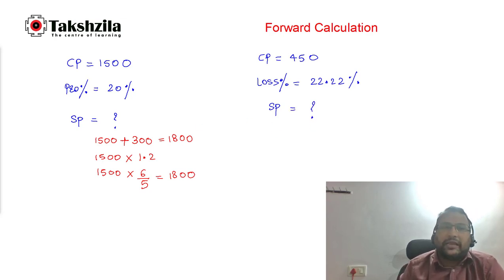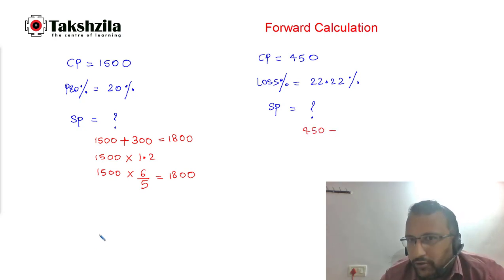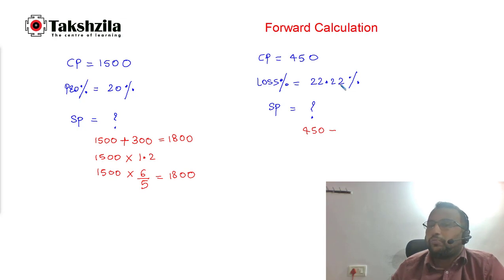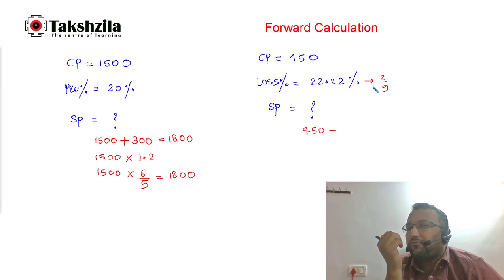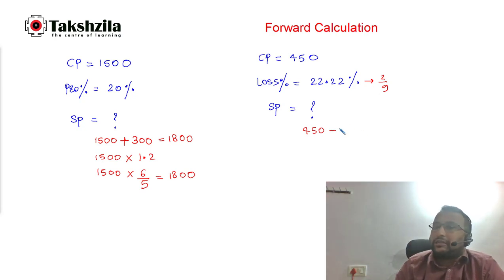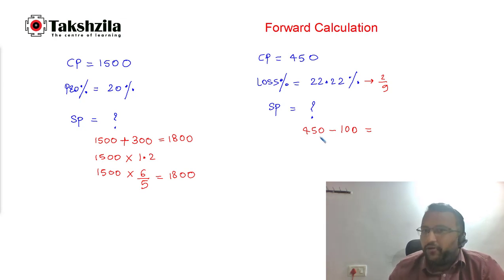Over here, the selling price is going to be 450 minus the loss amount. The loss amount is how much? 22.22% is nothing but 2 by 9. So 2 by 9 of 450 is how much? 1 by 9 of 450 is 50 rupees, so 2 by 9 of 450 is going to be 100 rupees. So there is a loss of 100 rupees. The selling price becomes 450 minus 100, that is equal to 350.